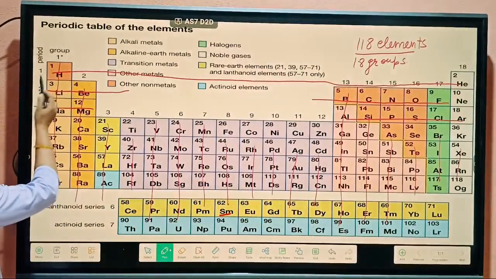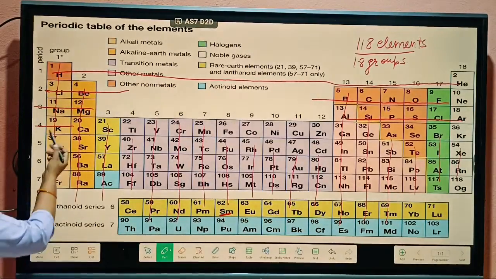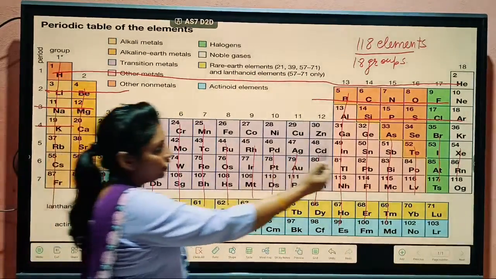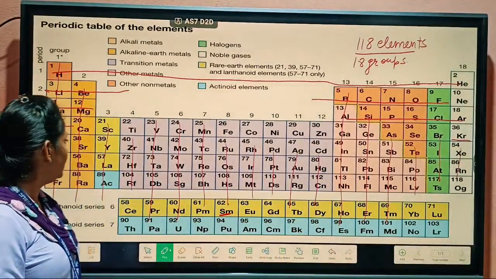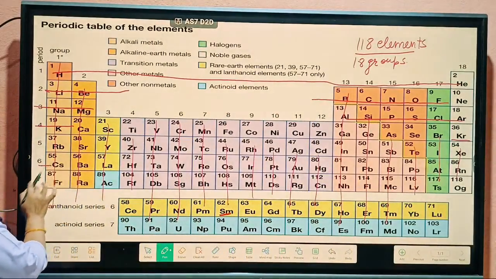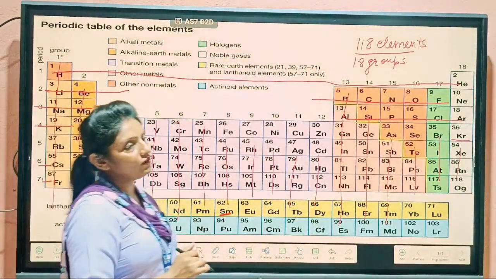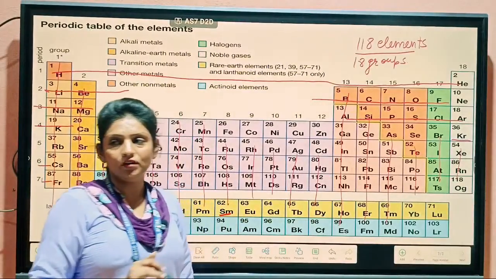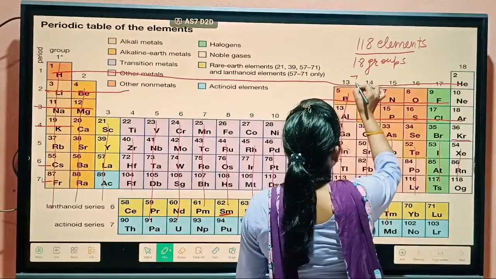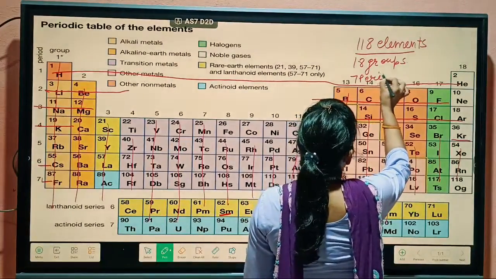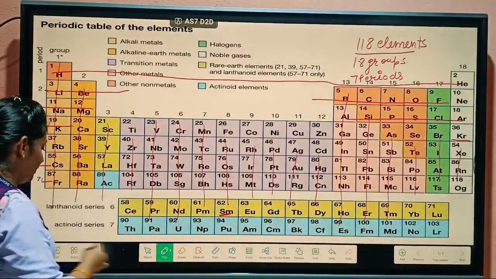This is our 1, 2, 3, and 4. In the fourth period, potassium to krypton; krypton is the last element of this. Then fifth, sixth, and seventh. So there are a total of 7 periods in our periodic table: 18 groups and 7 periods.